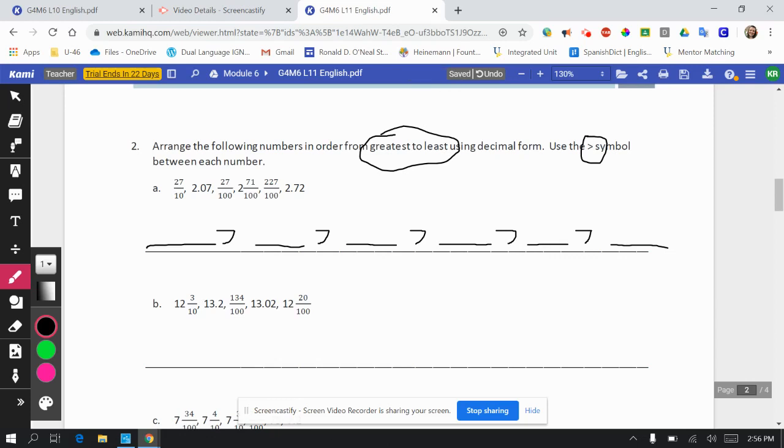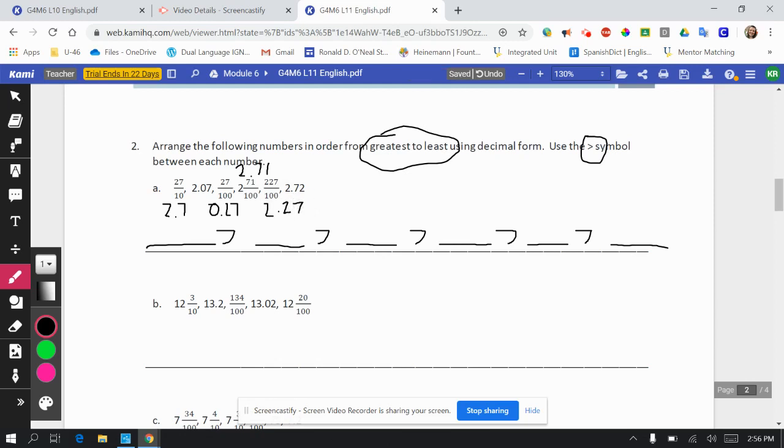Okay, preparing to write from greatest to least. Same thing, if it's not in standard form, I'm going to go ahead and put it that way. 2.7, 0.27, 2.71, 2.27. All right, I've got them all in standard form.